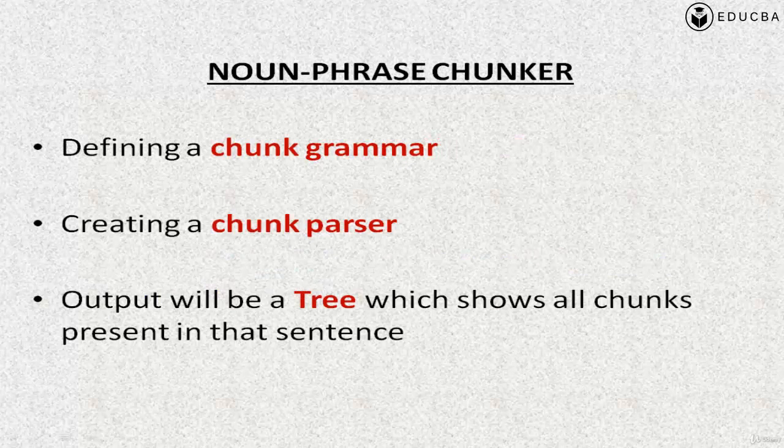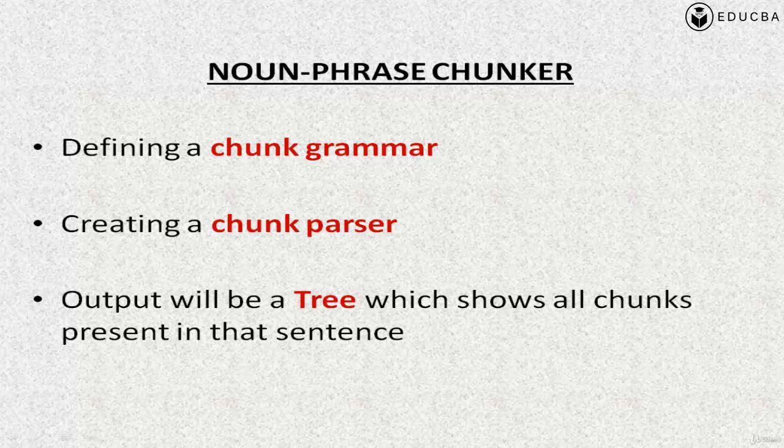Now see, in our NLTK module, we can use a noun phrase chunker. So how can we create a noun phrase chunker? First you have to define a chunk grammar, which denotes some rules, and we have to define those rules before applying the chunking process.